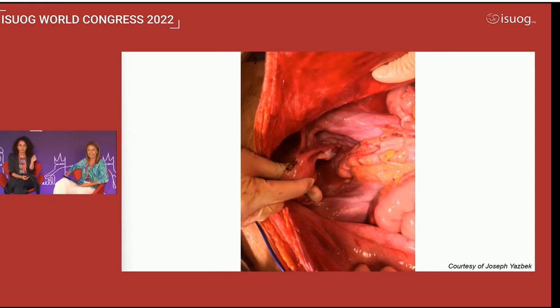And here you can find the pedicle. It was really arising from the fundus of the uterus, torsion on the pedicle, and then this huge mass. So just also to say that in clinical life, it's not always so easy to make a straightforward diagnosis. Did she have no symptoms? No, she had abdominal pain and swelling, yes, absolutely.